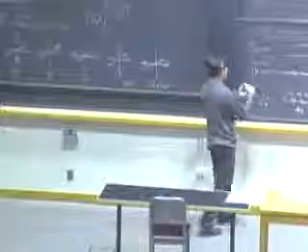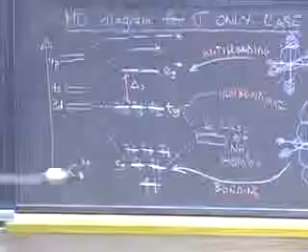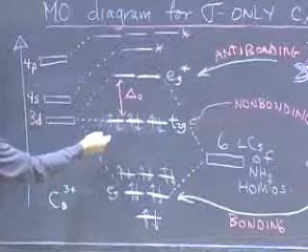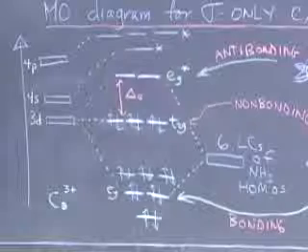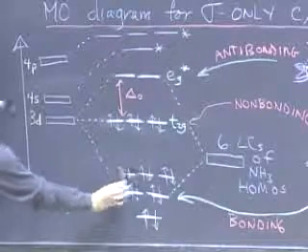It tends to increase the value of delta O, as we've seen. And so this is how I would populate that diagram, with the 6 d electrons going into the non-bonding T2G, constituting the highest occupied molecular orbital of this system, and then stabilize the lone pairs.